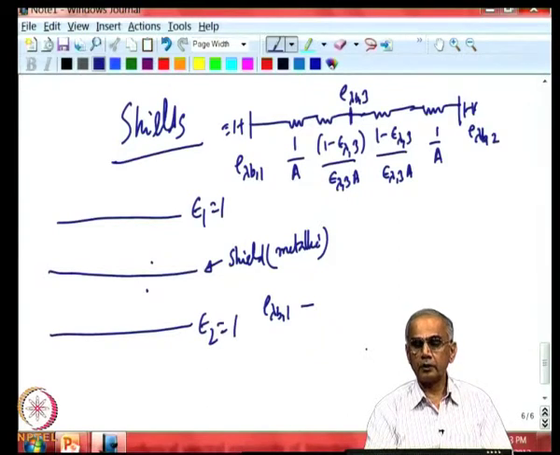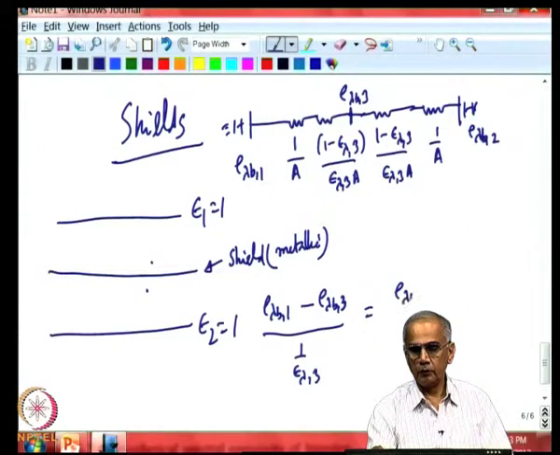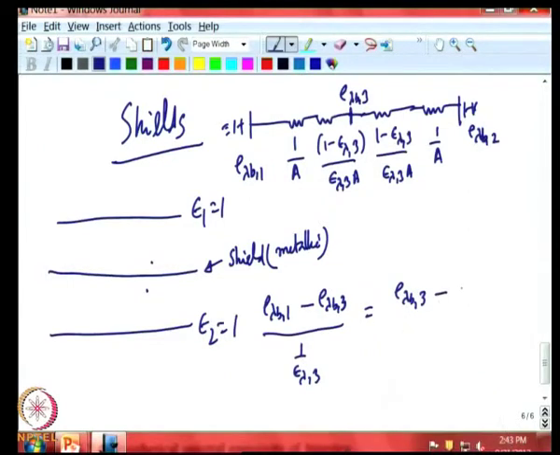So, this point, the flow of current will depend on epsilon lambda 1, which is 1. So, it really depends on epsilon lambda 3. Similarly, on this side, heat going from the metal to the other plate will only depend on the emissivity of the metal, because the two plates have emissivity equal to 1.